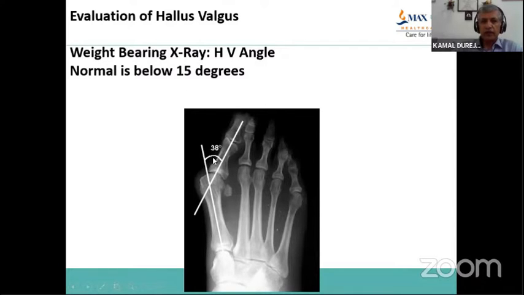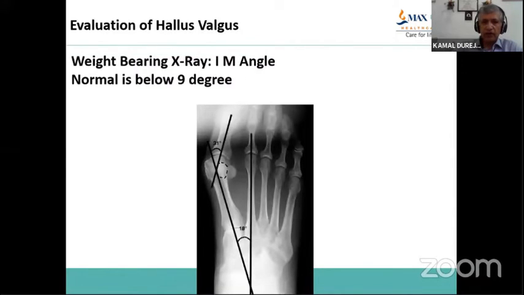And depending upon the degree of the hallux valgus angle, and then measuring another, the intermetatarsal angle, the angle between the axes of the first and second metatarsals, which normally should be 9, based on these two parameters, we classify our hallux valgus into mild, moderate, and severe varieties. So whenever you have a hallux valgus case, you should be able to measure these two angles and describe the severity of hallux valgus.